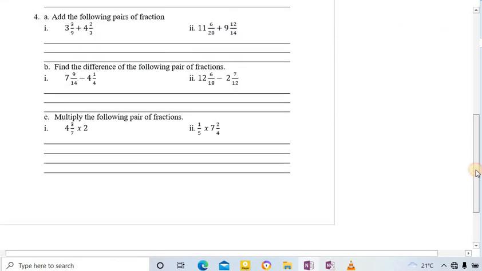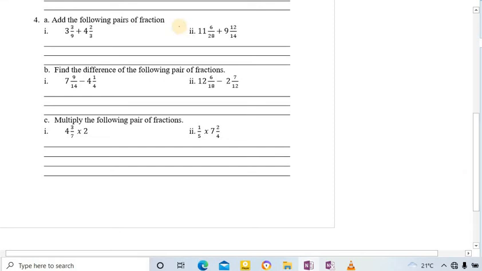Alright, this question is very interesting. Number 4. I see a couple of students struggling to do this. This is 3 whole number 3 over 9 plus 4 whole number 2 over 3. Now, whenever you are working with fractions, have a goal in mind.